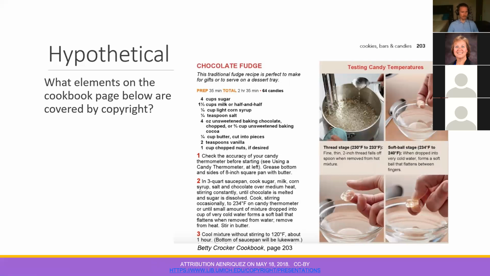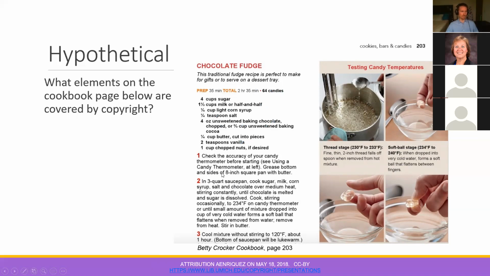The last little thing I want to touch on, I don't want to spend too much time on it: what elements of this cookbook page below are covered by copyright? Just for the sake of time, I'm going to go over the major elements. As we mentioned, originality and creativity. There's not a lot of originality and creativity in listing ingredients. The expression is the thing we have to pay attention to, the expression of that data.